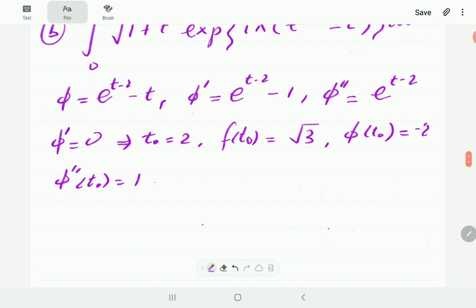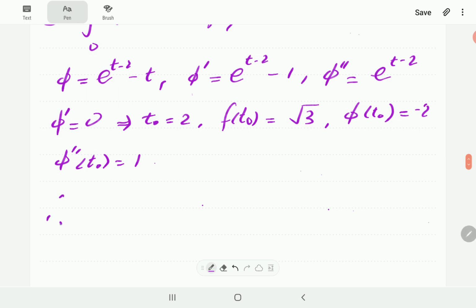Okay, and so what this means is that our integral is going to be like, as lambda goes to infinity, square root 3 e to the i lambda times negative 2 plus i pi over 4.